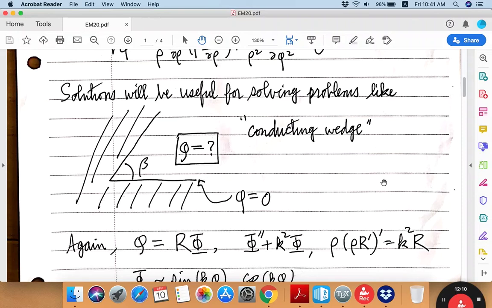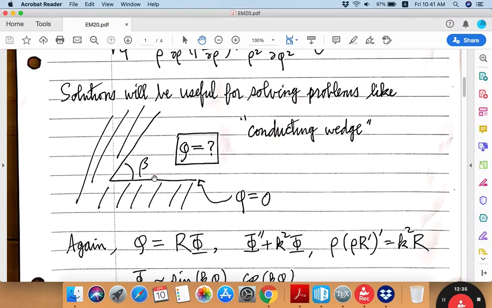That's why you find this diverging potential at large radial distance rho. So what we're going to do is to use this solution, but only apply it to the situation near the origin, where the potential does not diverge.